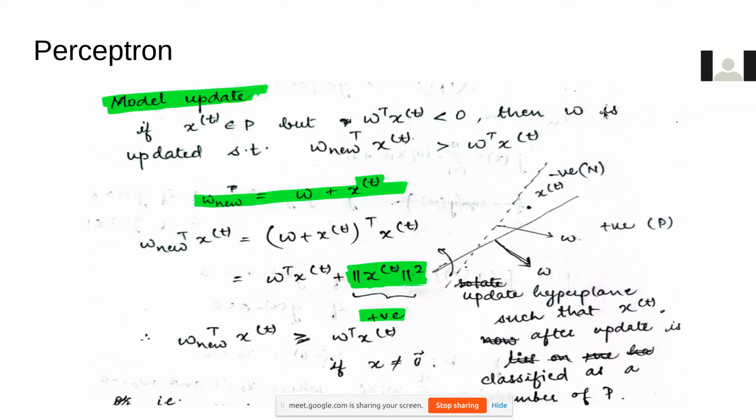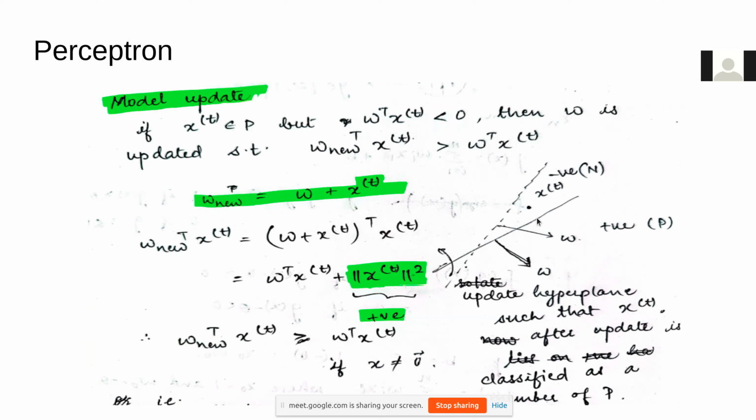Then W has to be updated, and the procedure should be such that after updating, W new transpose X should result in a value which is definitely greater than W transpose X. Let's try to look at it diagrammatically.